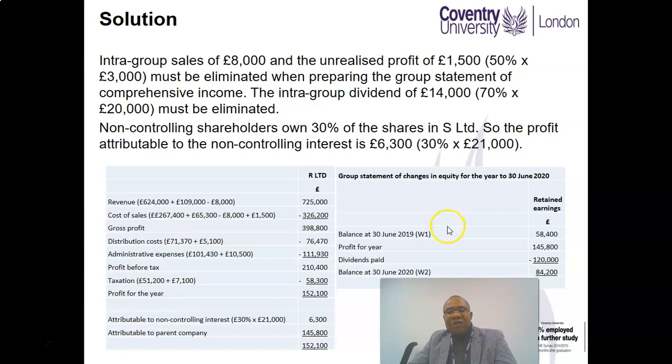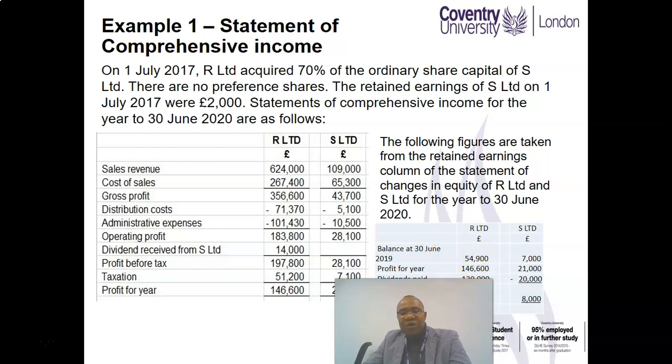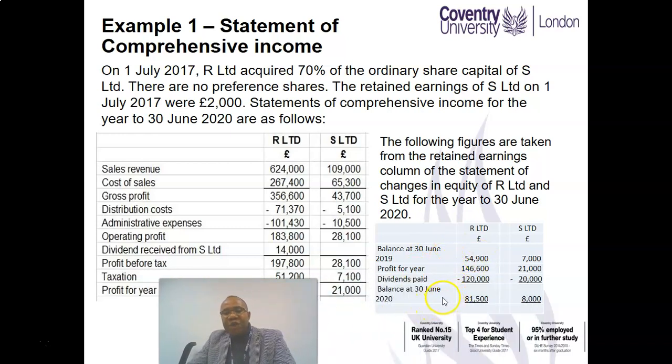What about that which is carried forward? Again, we can use the same information provided here. So, if we have the retained earnings for the period, the balance carried forward for the parent is 81,500. For the subsidiary it is 8,000, but of course 2,000 of that is pre-acquisition, leaving post-acquisition profit of 6,000. We have 70% of that 6,000.